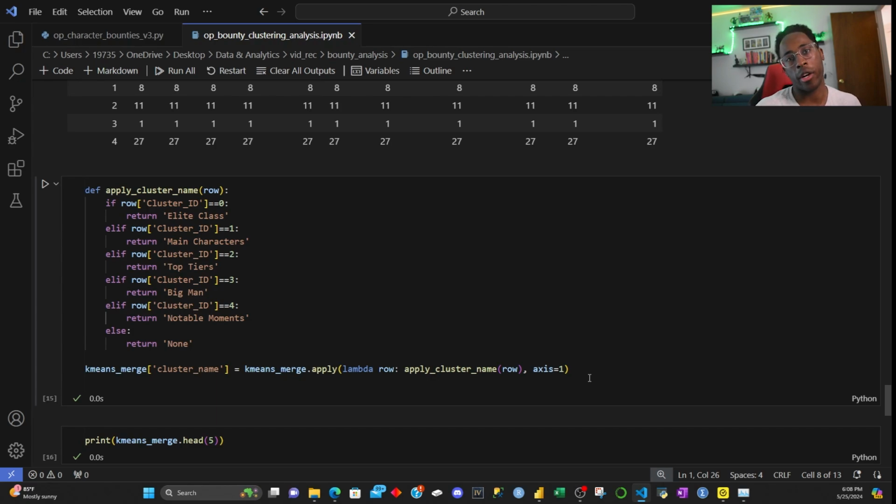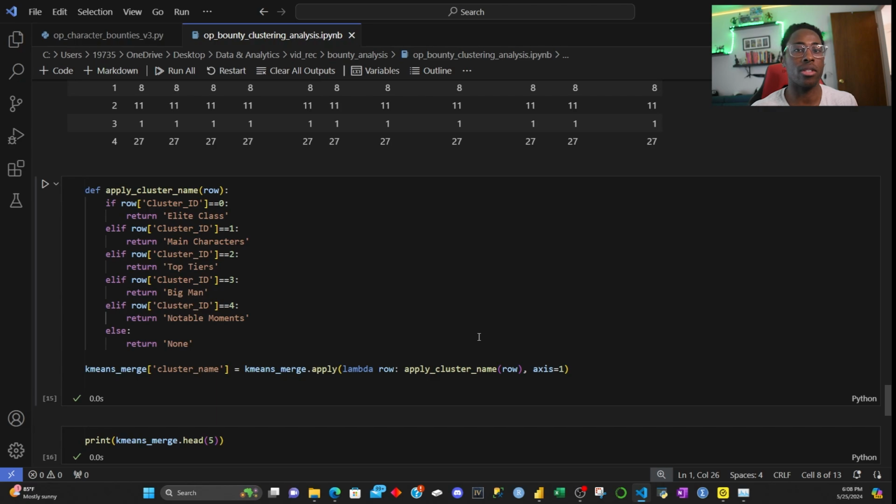And this is where, if you remember earlier in the video, I said we don't have any labels for our data. These groups become our labels. And so I've essentially labeled the groups based off the characters within those groups. So the 5 groups that we have, first starting with group 0, is the elite class.